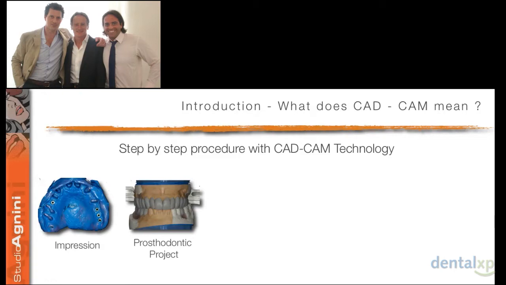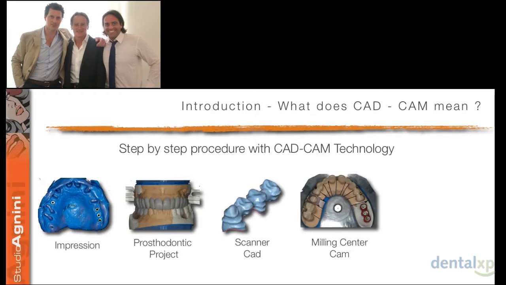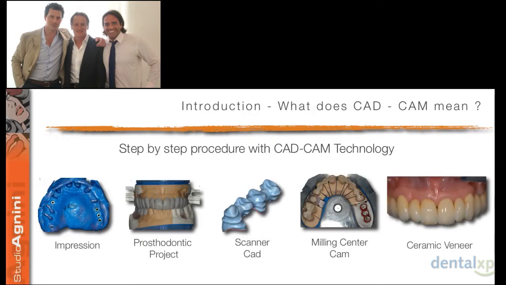Then he can put his knowledge also into the CAD, so with the new technology, designing the framework, designing exactly what we want in our mouth. From that, there is the CAM part, which is basically what he designed at the computer. We can try it in the mouth, and if everything fits perfectly, we can go to our final restoration. So this is the procedure that we're gonna see today in our presentation.